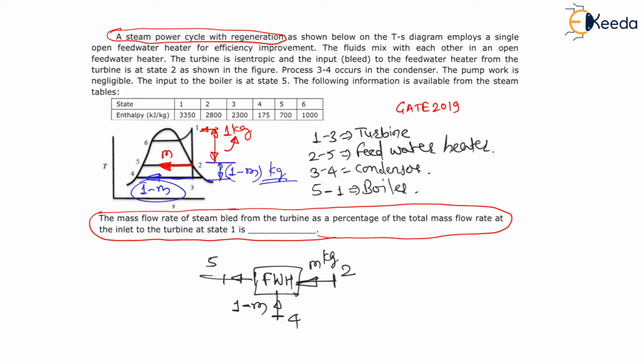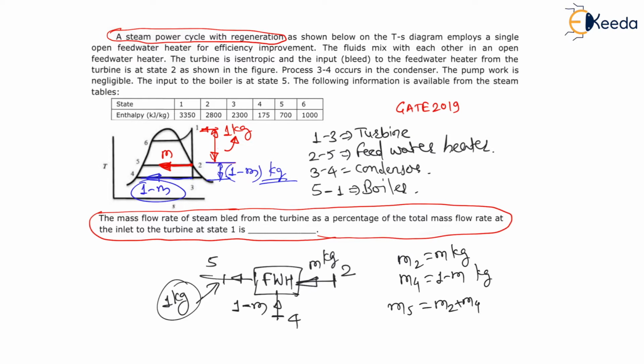Therefore what will be the total mass at 5? m plus 1 minus m, that is, at 5 the total mass will be 1 kg. Therefore we can say m2 is equal to m kg, m4 is equal to 1 minus m kg, and m5 will be equal to m2 plus m4, which is 1 kg.